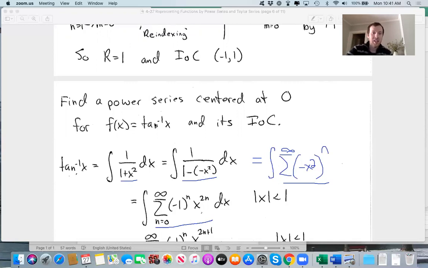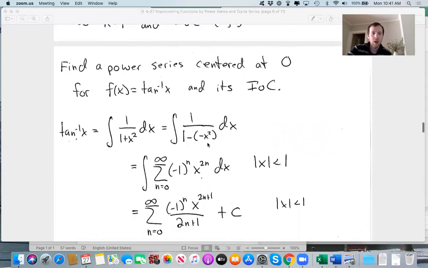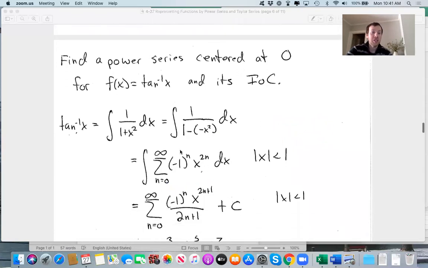But what we are interested in is the integral of this function. So how we can find a series for the integral of 1 over 1 plus x squared is we can integrate this series term by term.